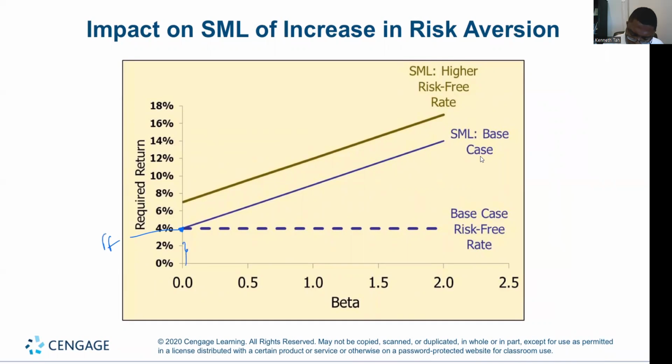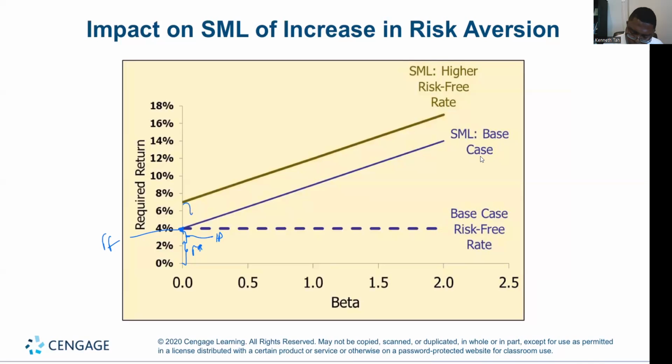The risk-free rate is made up of the nominal rate plus a certain inflation premium, which is compensation for inflation. If there is an expectation that inflation is going to go up, the inflationary premium is going to go up.